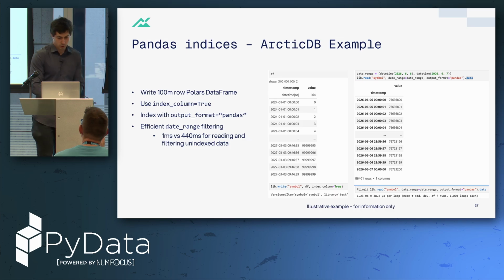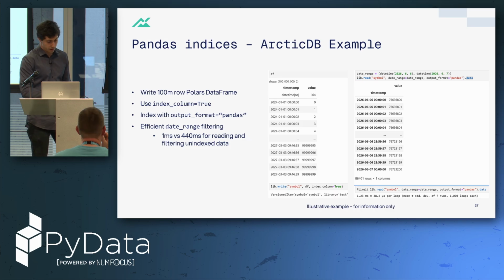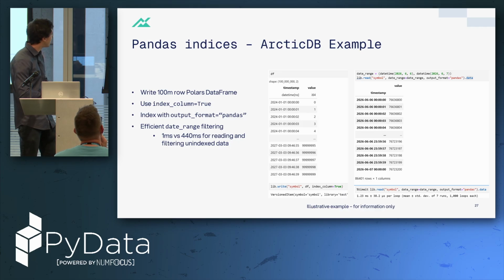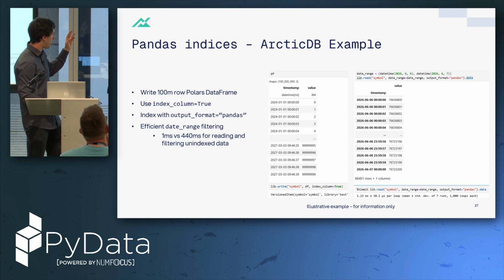So let me go through a quick example. The font is probably a bit small for the actual code example, but essentially we can write a 100 million row polars data frame. You can see on the left part of the example, we have a data frame which has 100 million rows, and the first column is a timestamp column.